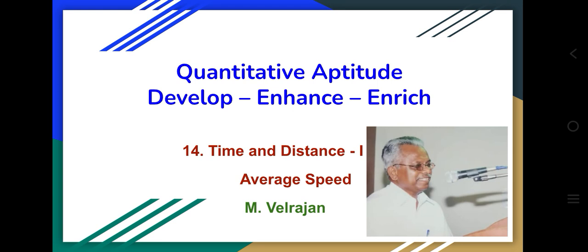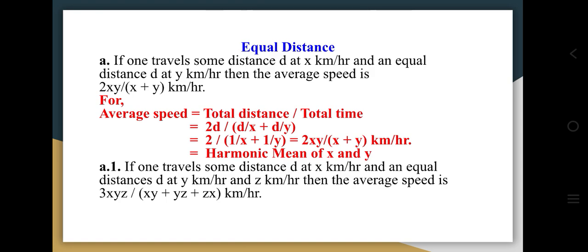In this 14th video, we see how to find the average speed in two cases: when the distance is equal, and in the other case, when the time is the same.